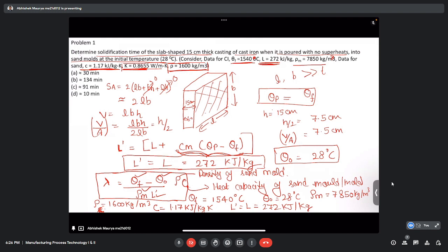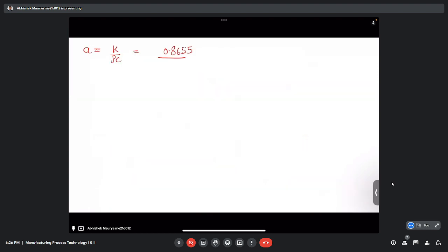And the heat capacity is 1.17 kilojoule per kg. All the values I am putting in SI units. If you calculate, you will find the value of alpha is 0.46 times 10 to the power minus 6 meter square per second.